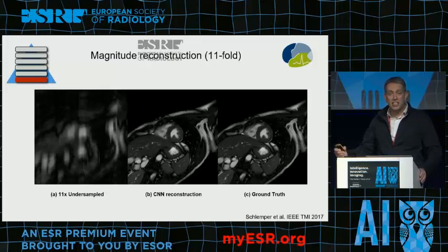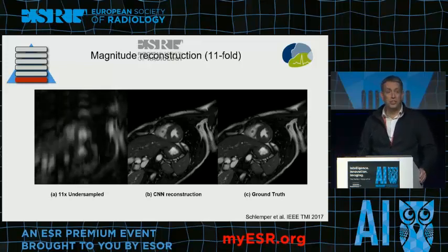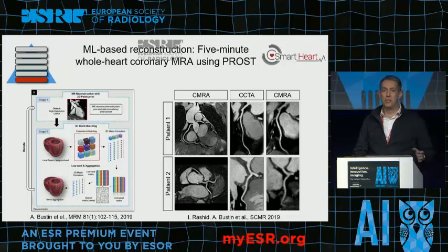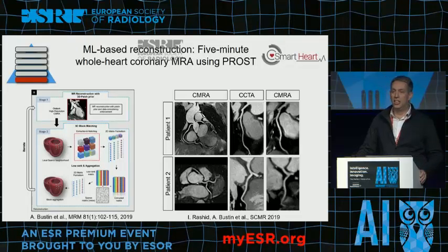Now, this is a nice example if I wanted to look at cardiac function. I can use similar ideas to enable us to do, for example, coronary imaging, coronary angiography with MRI.